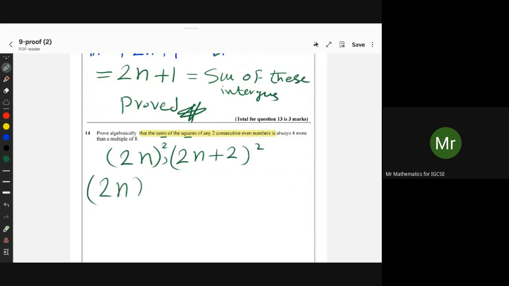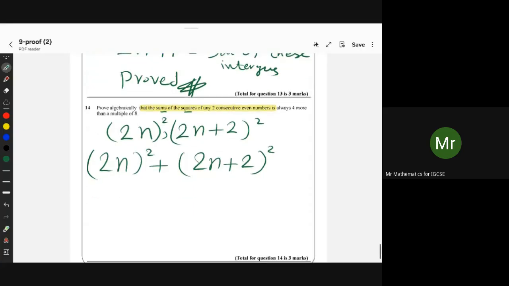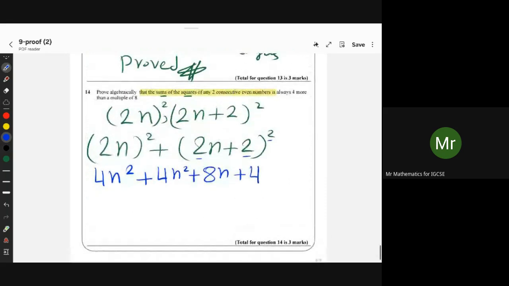So we had 2n squared plus 2n plus 2 squared. So we need to expand and collect the like terms here. So we have 4n squared plus 4n squared plus 2 times 2, 4 times 2, 8n plus 4. Now we can collect the like terms: 4n squared plus 4n squared is 8n squared plus 8n plus 4.